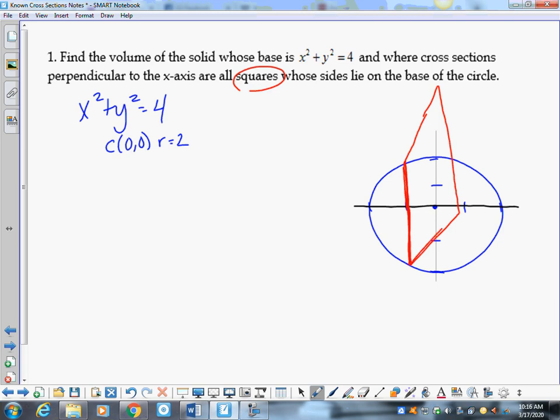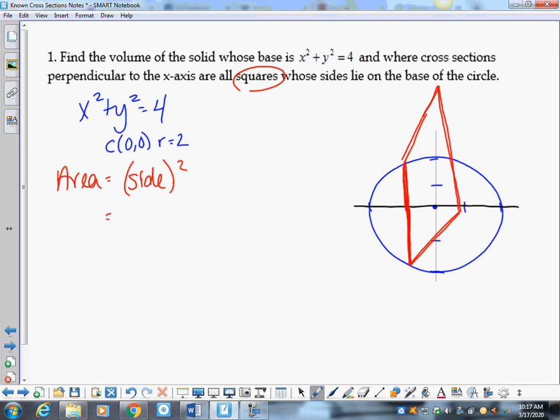Then this is sticking straight up, and then this piece right here is parallel to this piece up in the air. Okay, so what I need is the area of my shape that's sitting up, and that's a square, so that's going to be side squared.